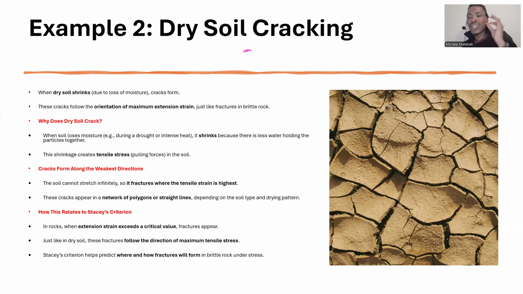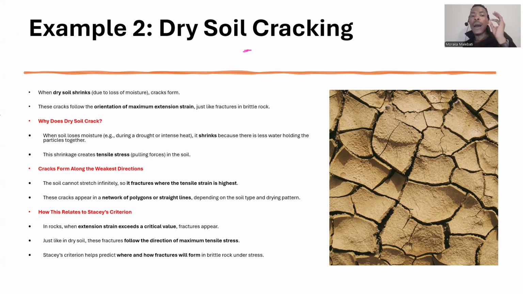Now, this shrinkage will create tensile stress, or pulling forces in the soil. The soil cannot stretch infinitely, so it fractures where the tensile strain is highest. These cracks appear in a network of polygons or in straight lines, depending on the soil type and the drying pattern.